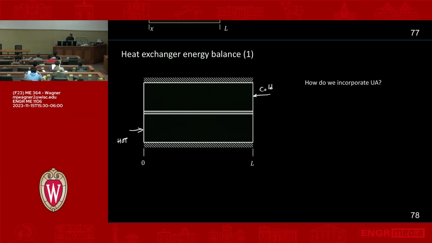We have to draw a control volume, and we want to make sure the control volume lines up for both of these streams. So let's pick some location. Let's just do this here. So I'm going to draw a control volume for the top, and I'm also going to draw a control volume for the bottom. I'm going to say the control volume goes from x to x plus dx, and it has a width of dx.